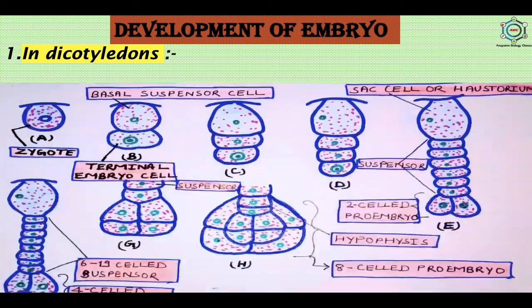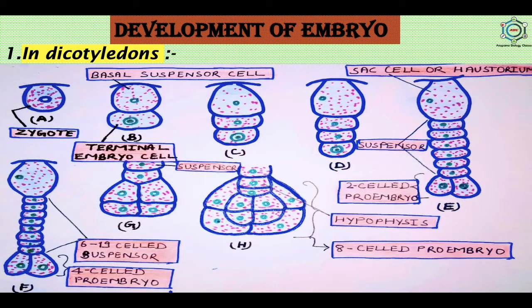So, in case of the dicotyledons, the zygote enlarges in size, secretes its own cellulose cell wall and divides by a transverse division, resulting in the formation of two unequal cells.